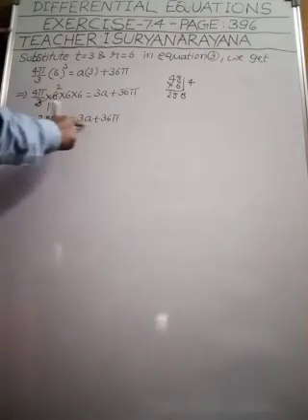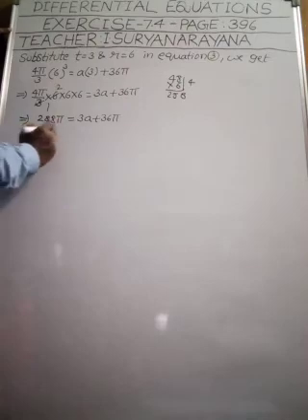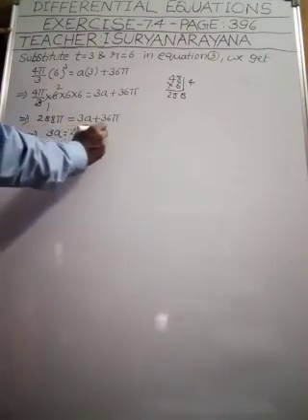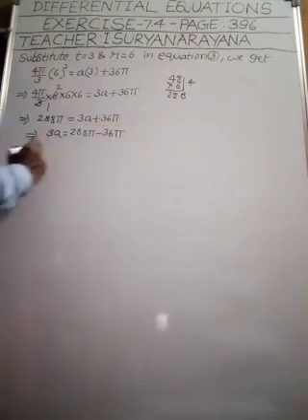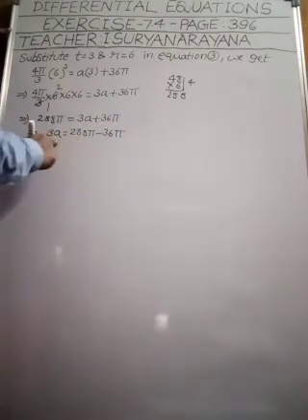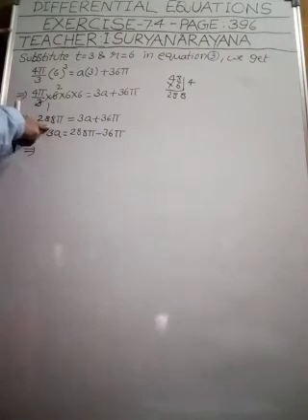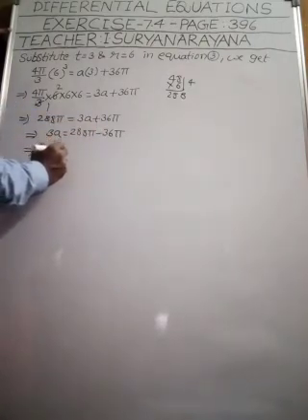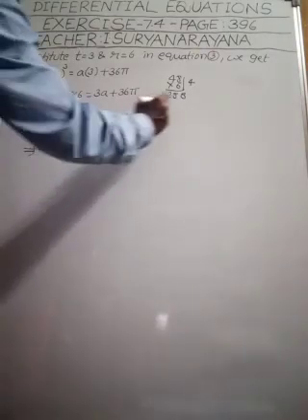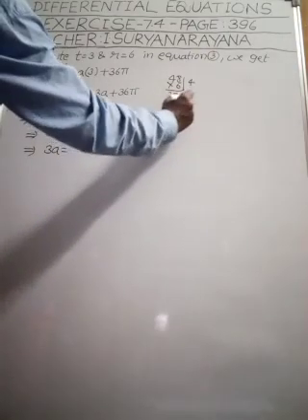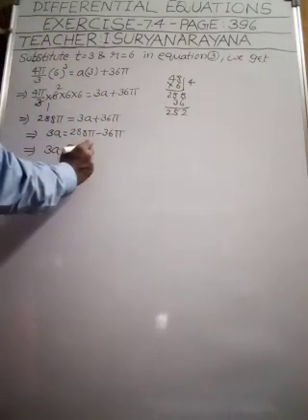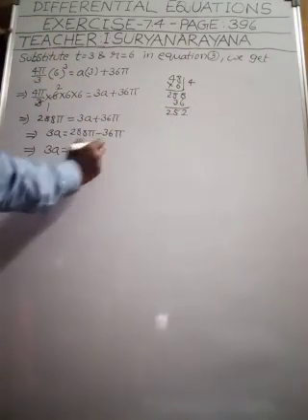Now let us find the value of a from this equation. So 3a is equal to 288π minus 36π. Understood this step? We transpose this 36π to the LHS, then it becomes minus 36π. This implies that 3a is equal to 252π.